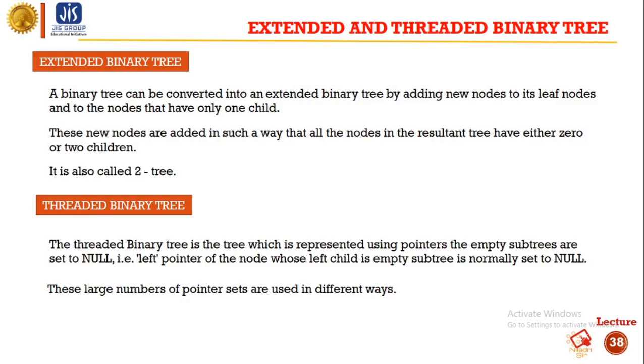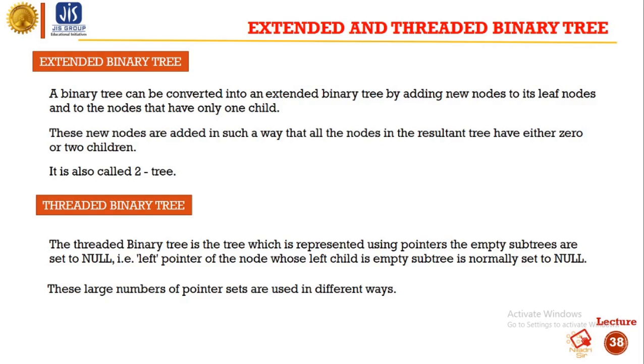These large numbers of null pointers are used in different ways. So there are basically 4 types of binary trees. Apart from this, there is another one called a strictly binary tree. So what is a strictly binary tree? In a strictly binary tree, every non-leaf node contains non-empty left and right subtrees.